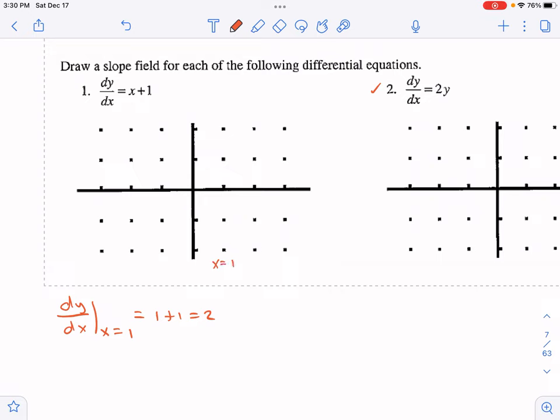And the way you make a slope field is for these representative points, you just want to do your best attempt at a slope of 2. So something like that might be good. And notice I'm trying to make them all parallel because no matter what the y-coordinate is, if the x-coordinate is 1, then the slope is 2. So that was my attempt at making a slope equal to 2.